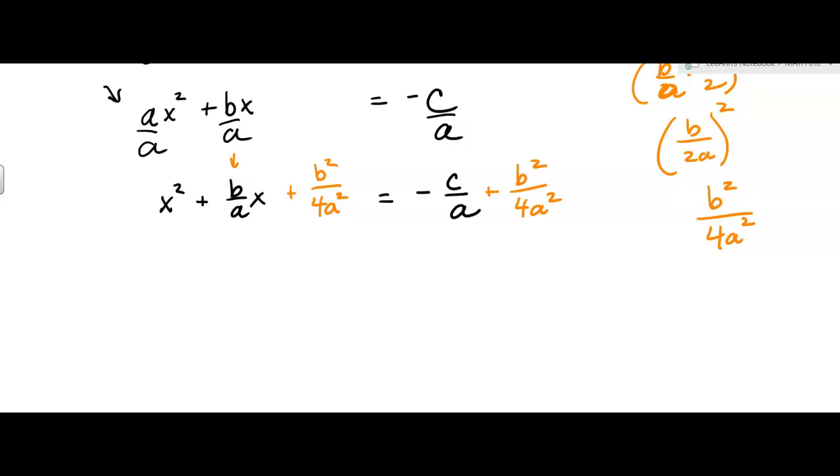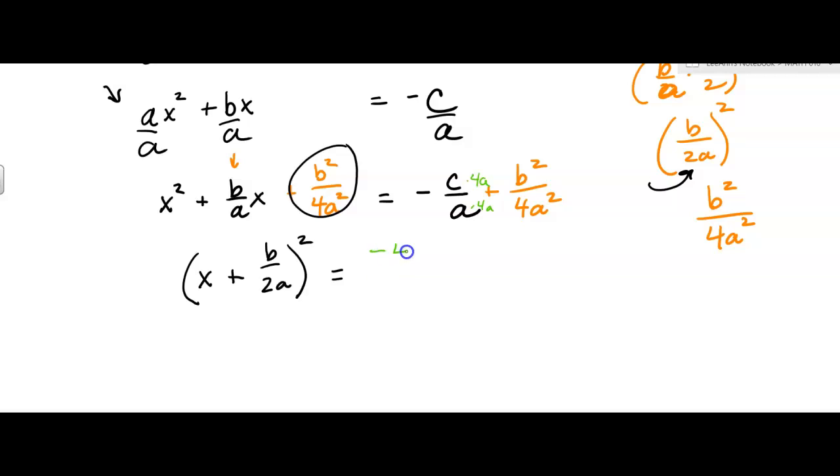Okay, so now we can factor the left. It's a perfect square trinomial. It's going to be x plus, remember you have to take the square root of that, or you can think about that in front before you squared it, right? Okay, so plus b over 2a, whole thing squared, equals. Now I want to get a common denominator over on the right. So I'm going to multiply by 4a right there, so I get a common denominator, and I'm going to get negative 4ac over 4a squared plus b squared over 4a squared.